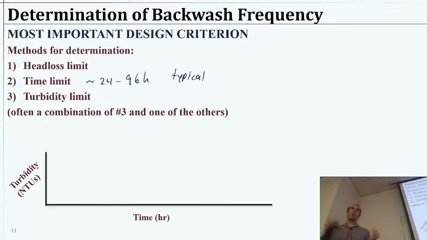What happens if one filter has some plumbing problem that we just can't operate it anymore, but we still have to take some offline to do the backwashing, right? We have to keep in mind as we design something like this how we are meeting our flow continuously. Okay, so we've got the different methods: head loss limit, time limit, turbidity limit.